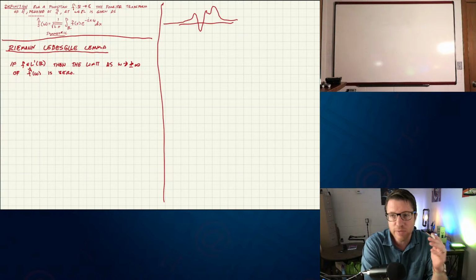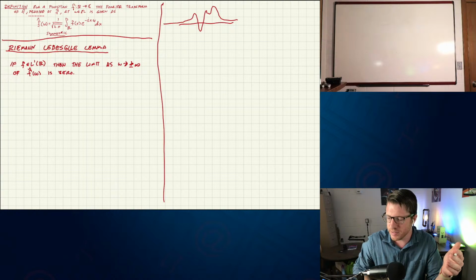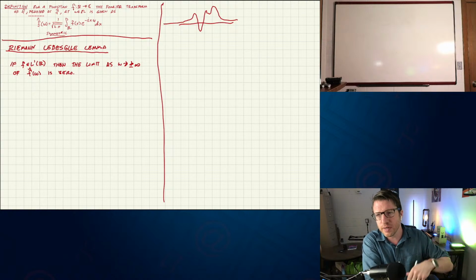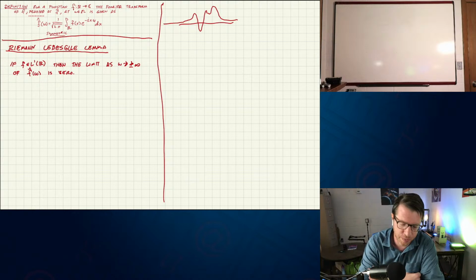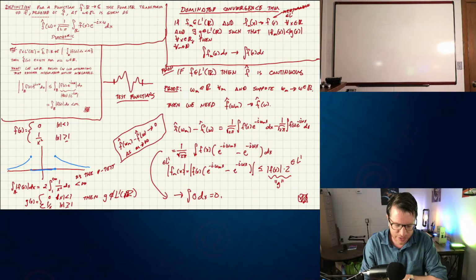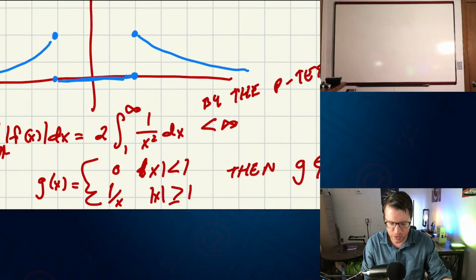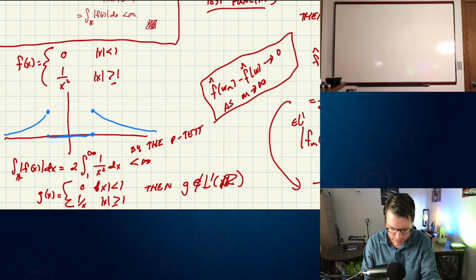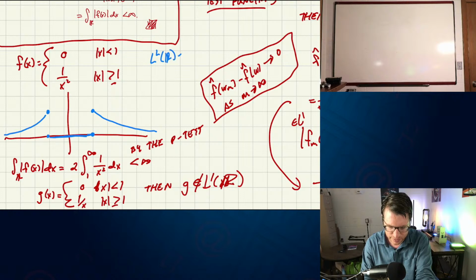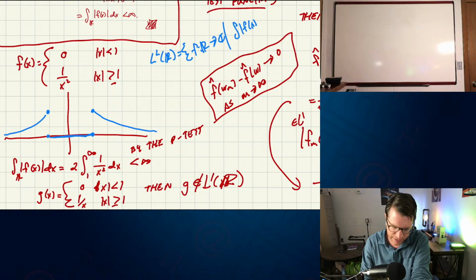Okay, so that isn't actually much of a sidebar. That's actually a really important question. With L2, you're not necessarily integrable, and the biggest example of that is this g of x here. Since we didn't define it, L2 of R is equal to the set of f going over R to C such that the integral of the absolute value of f of x squared dx is less than infinity.